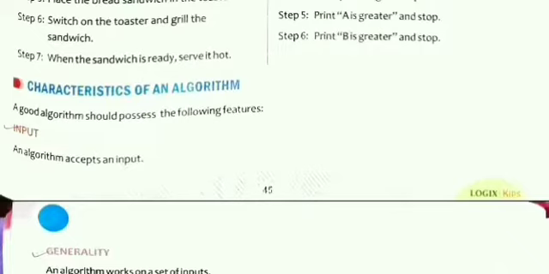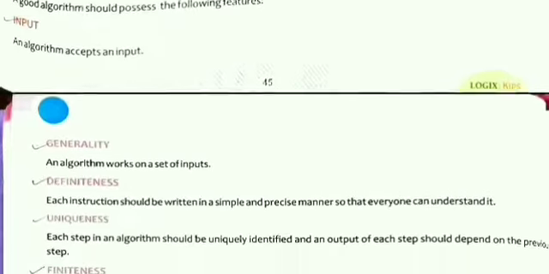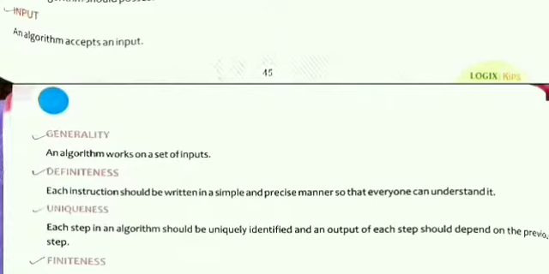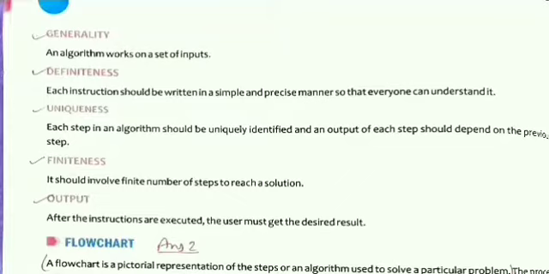Look on page number 45 at the last under the heading characteristics of an algo, you have to write input. An algorithm accepts an input. Generality, an algorithm works on a set of inputs. Definiteness, each instructions should be written in a simple and precise manner so that everyone can understand it.